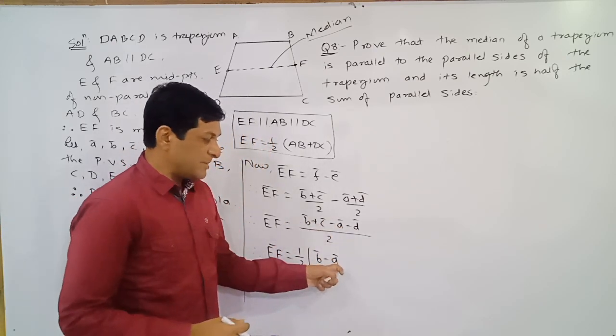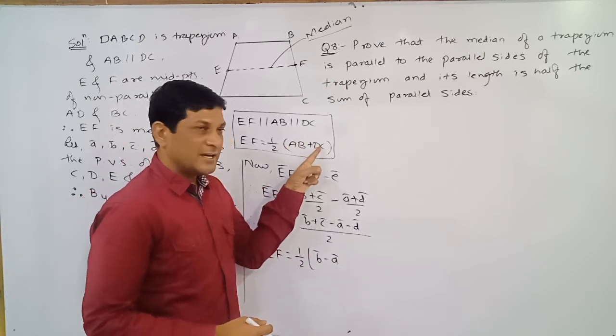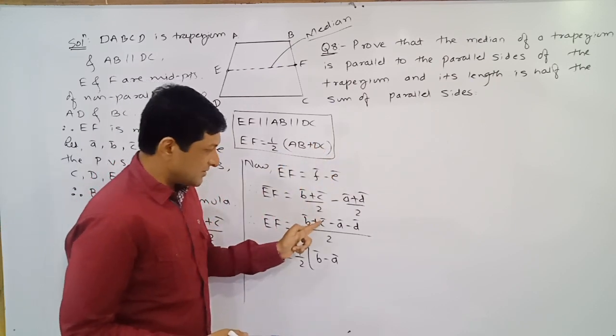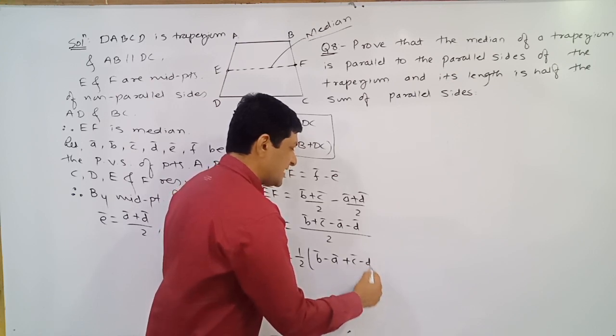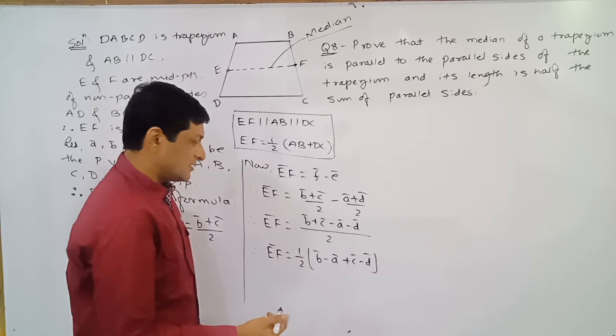We know that B bar minus A bar can be expressed as AB bar. And the second required term is DC bar, which means C bar minus D bar. Check that C bar and minus D bar are also available. So we are just rearranging the terms, the same terms.